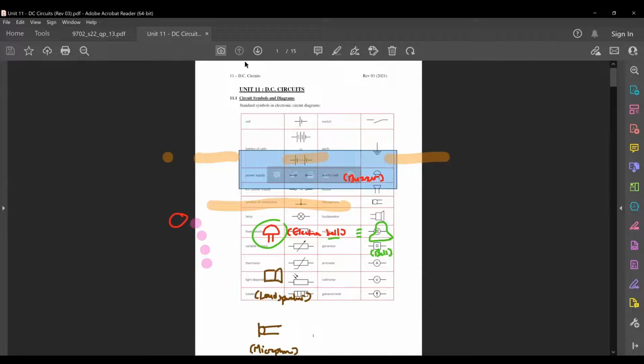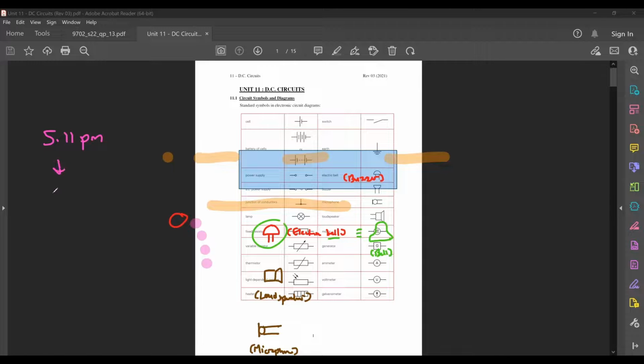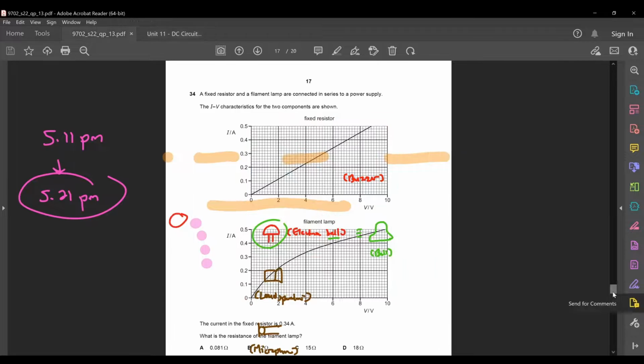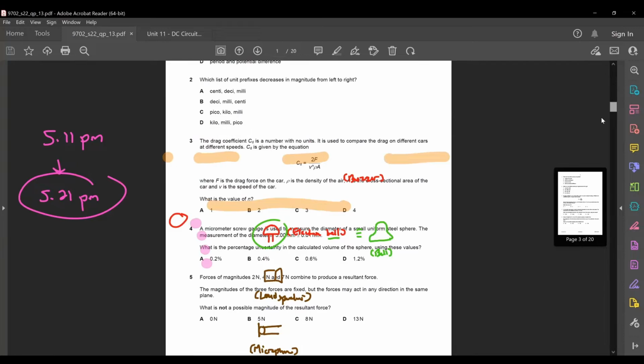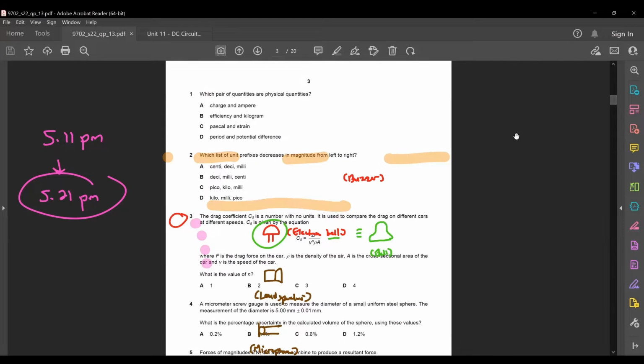Okay, now it is 5:11 p.m. Let me give you a 10 minute break, until 5:21 p.m. I'll be able to finish this paper before the class ends, so I might move on to the next paper, or I could try and discuss the earlier questions. You just let me know which one you prefer.